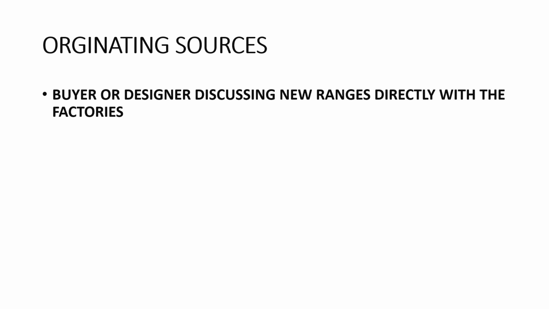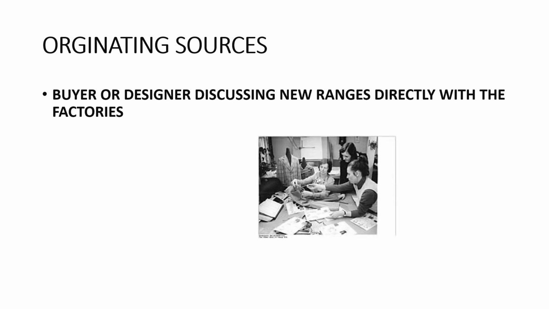So this is one of the ways a spec sheet can be originated, with discussion between buyers and the factories. Everybody's opinion is taken into such discussions, and new ranges can be formed or proposed. This is one of the ways the specification sheet can be generated, by directly discussing with the factories.